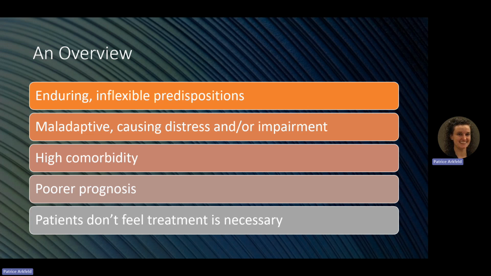Interestingly, with personality disorders specifically, the individuals themselves who have been diagnosed with personality disorders often will not report being distressed by their personality. They're going to say that their personality is working for them. It is causing them no harm. They are getting what they need out of the world. So when we talk about the distress or impairment with personality disorders, we are almost always talking about the distress or impairment caused to the individuals around that person. So specifically, is the person who's diagnosed with a personality disorder manipulating their friends and family?